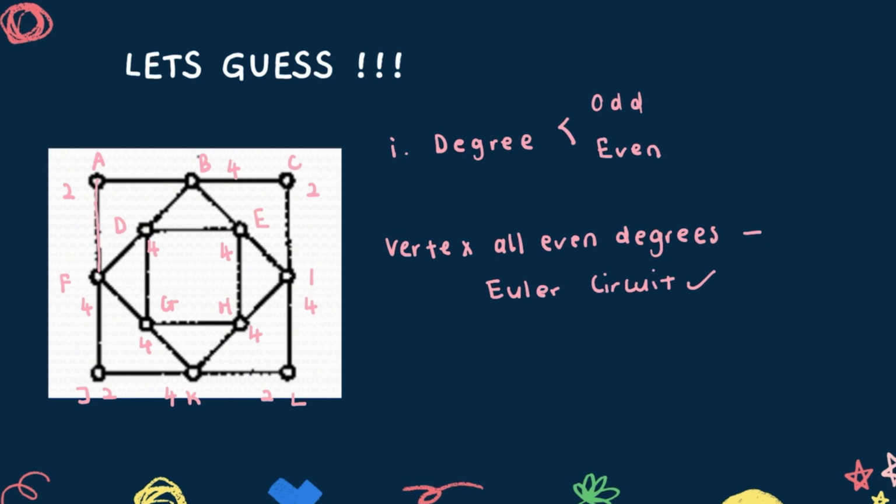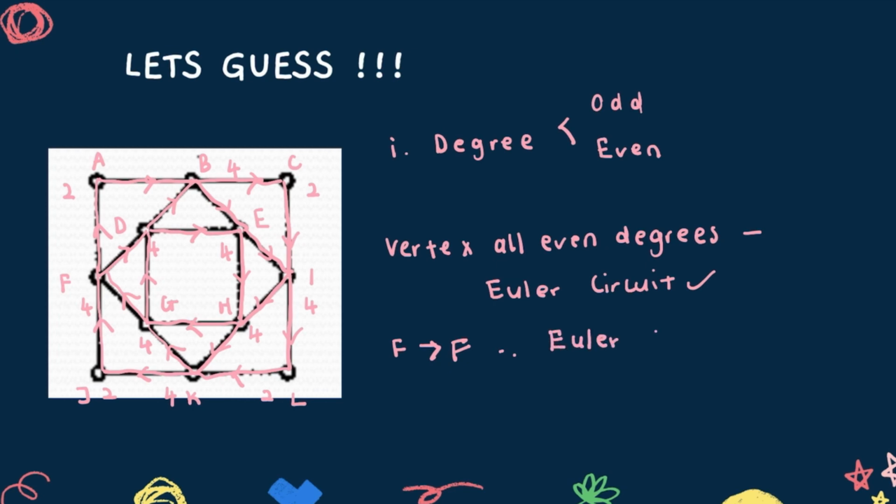From F to A to B, B to C, C to I to L, L to K, K to J, J to F, F to D, D to B, B to E, E to I to H, H to K, K to G, G to D, D to E, E to H, H to G, and G to F. So the path starts with F and ends with F. So it is shown that this graph has an Euler circuit.